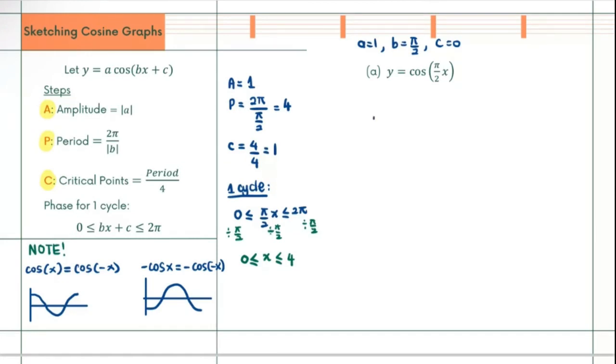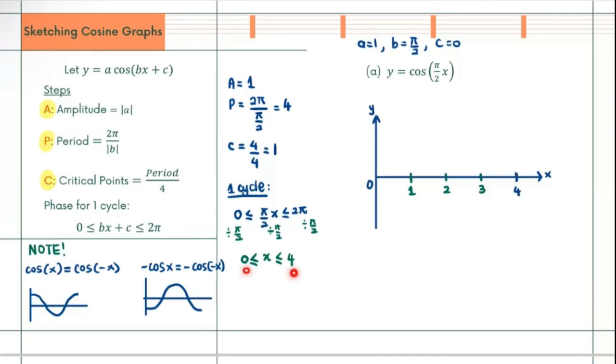Then let's sketch our function. So 0 until 4. This is the x-axis and this is the y-axis. Start with 0, then the first critical point: 0 plus C, and our C is 1, so this will be 1, 2, 3, ending with 4.